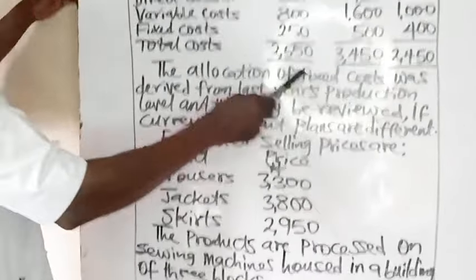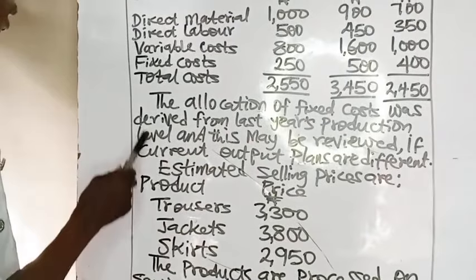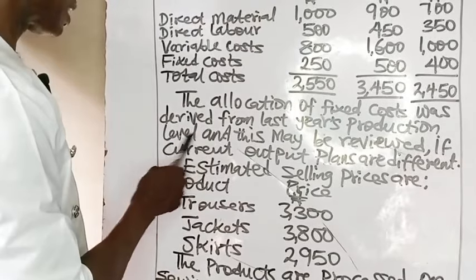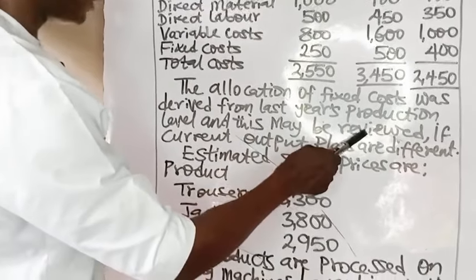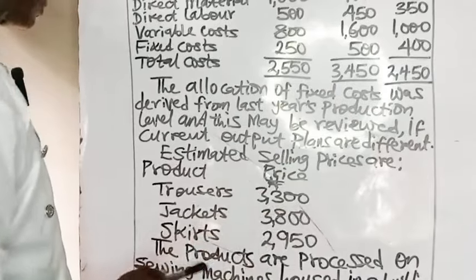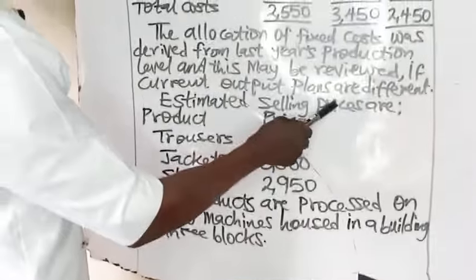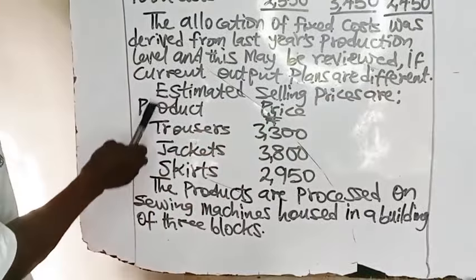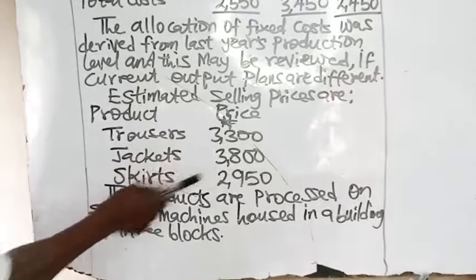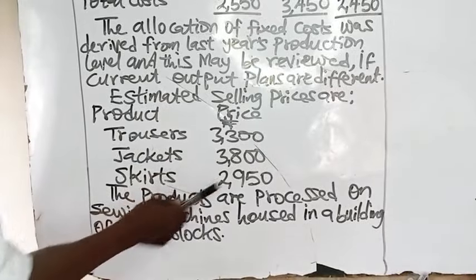The allocation of fixed cost was derived from the last year's production level, and this may be reviewed if current output plans are different. Estimated selling prices are: trousers, 3,300 naira; jackets, 3,800 naira; skirts, 2,950.